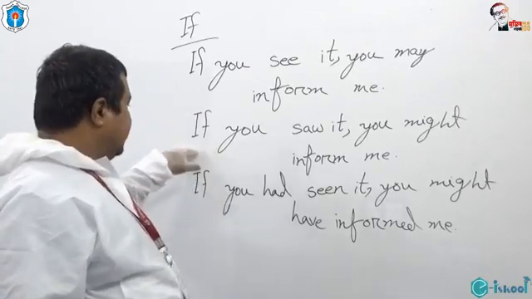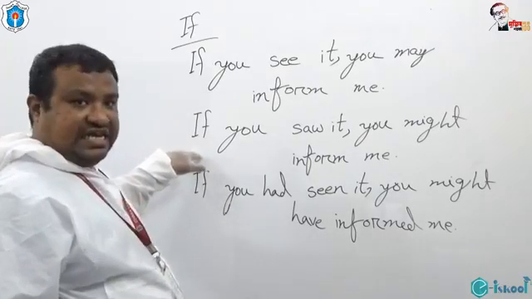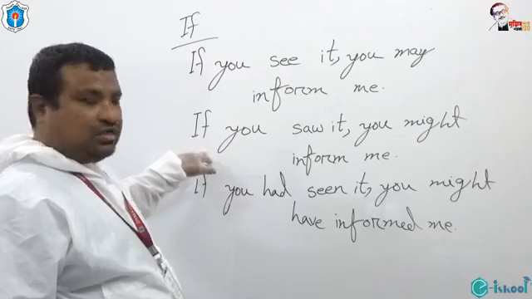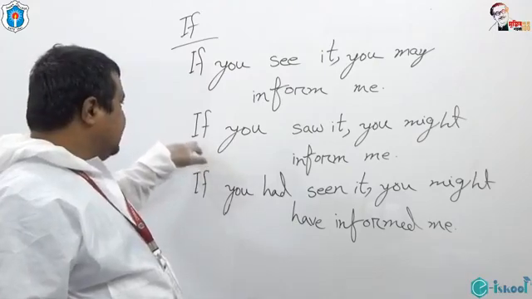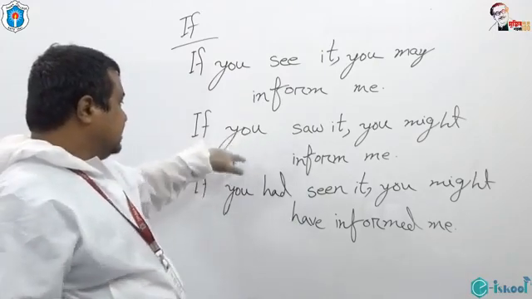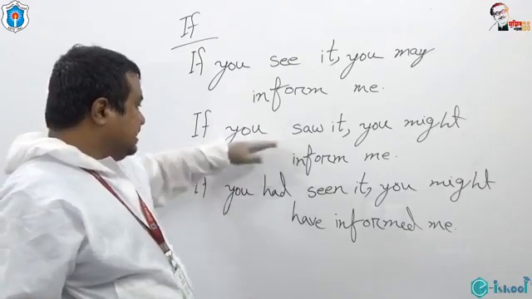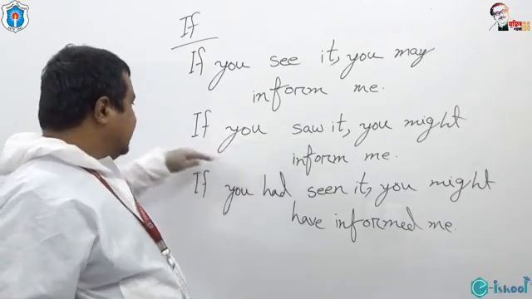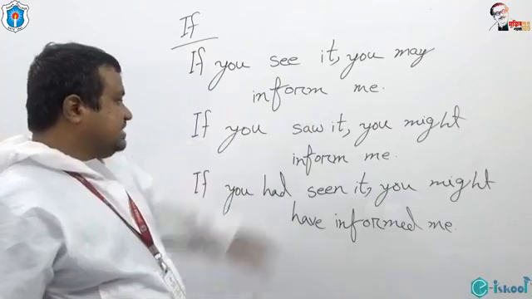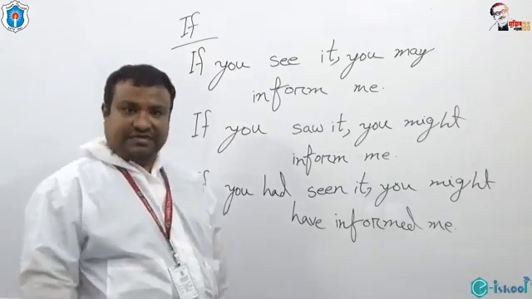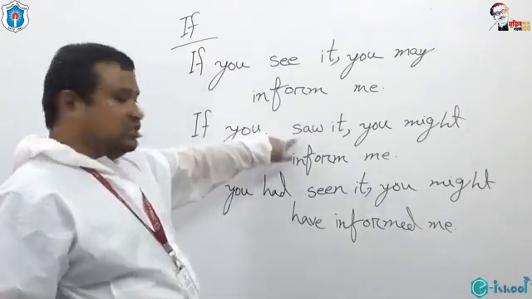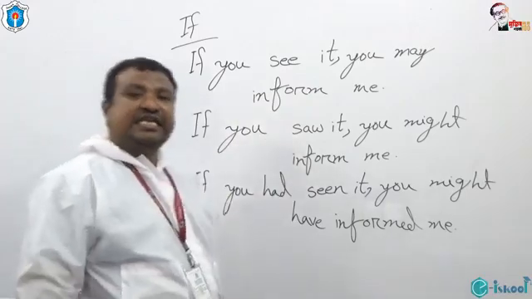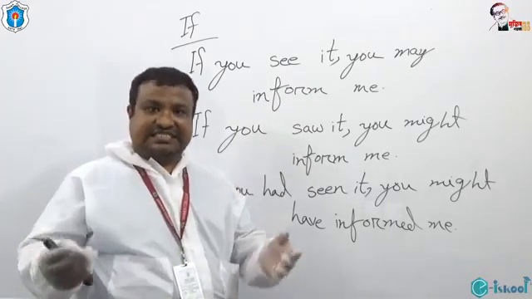But in the second sentence, we see that the subordinate portion, which has the word if, is in the past tense. That is, if you saw it, you might inform me. So this is in simple past tense.